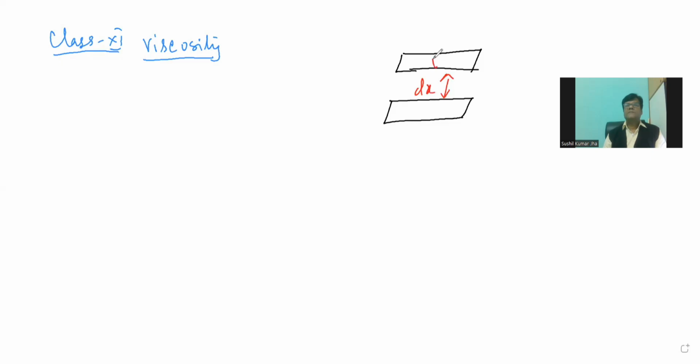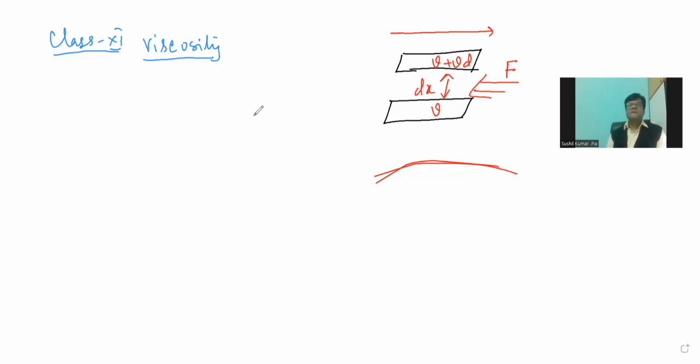And let's say the topmost layer has velocity v plus dv and the lower one, or the next layer, has velocity v. If you imagine that it is flowing from left to right, then between the liquid layers a force called viscous force or viscous drag comes into picture.